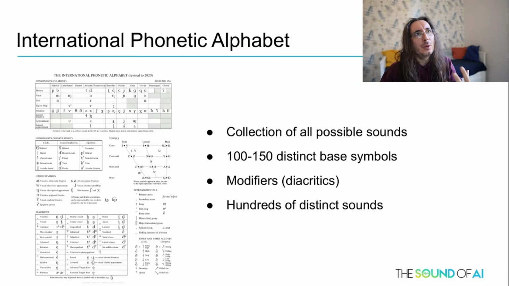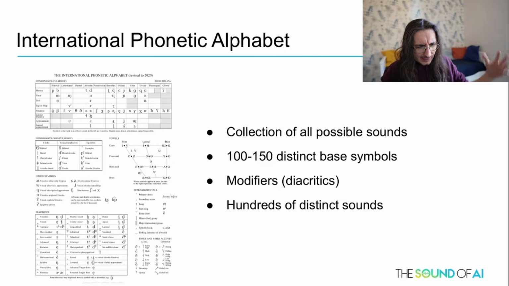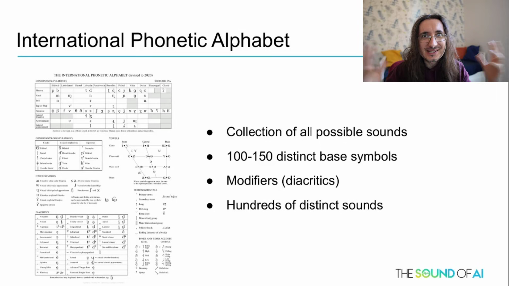So they can, for example, add a distortion to the sound or more nasality to a sound, like the difference between n and a sound where you can hear way more of a nasal quality. And so when you put together all of these combinations, you come up with hundreds of distinct sounds.